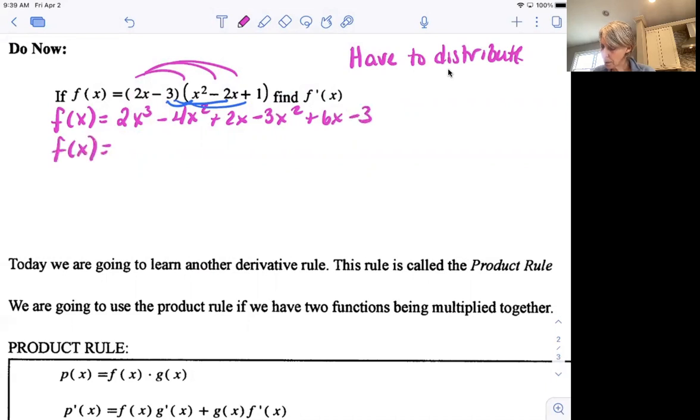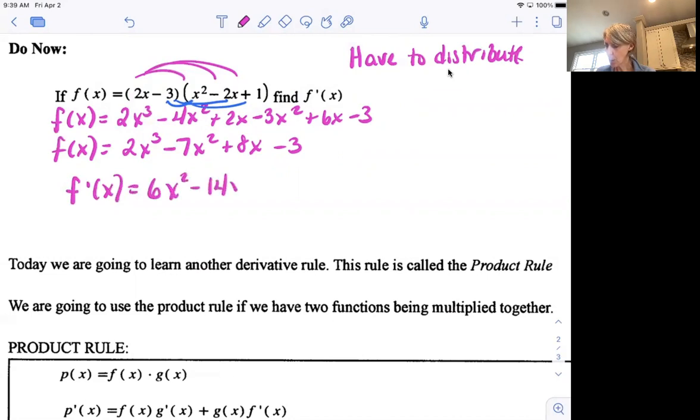I'll clean this up. 2x cubed minus 4x squared minus 3x squared, 2x and 6x. Now that I've got this function rewritten, I can take the derivative. So f prime of x is equal to 6x squared minus 14x plus 8.